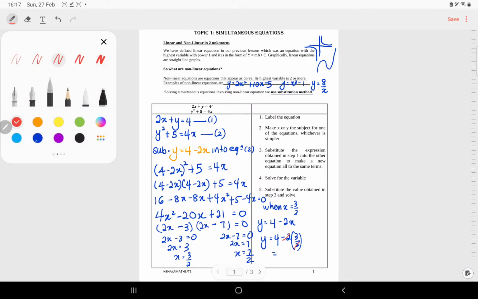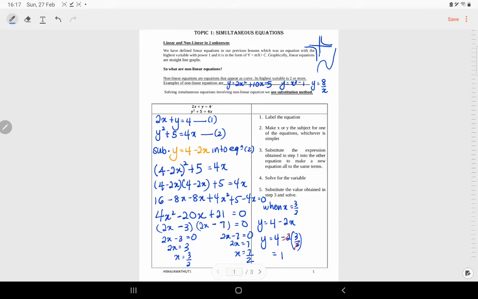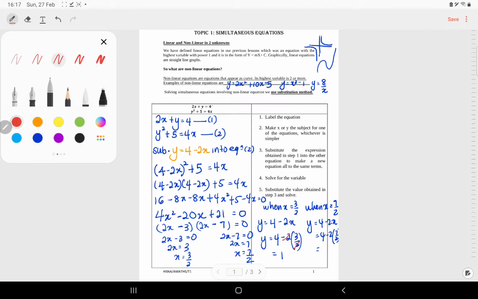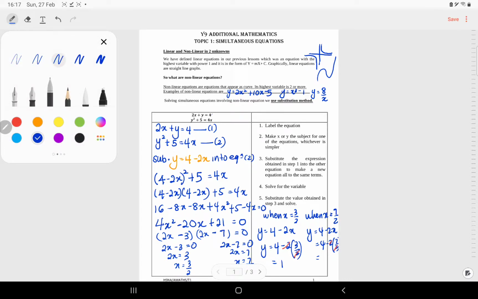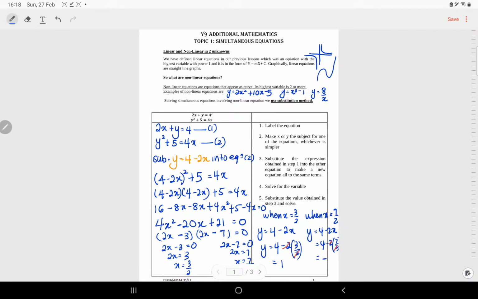So 4 minus 3 will be 1. And when x equals 7 over 2, 4 minus 2 times 7 over 2, that will be the same thing. The 2s cancel out, leaving behind 4 minus 7. And 4 minus 7 will give you negative 3.